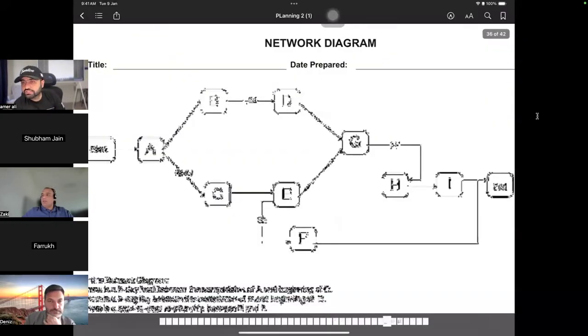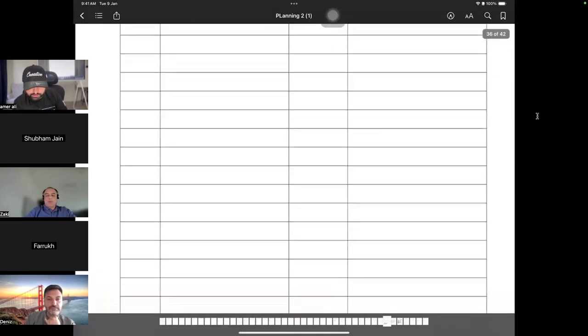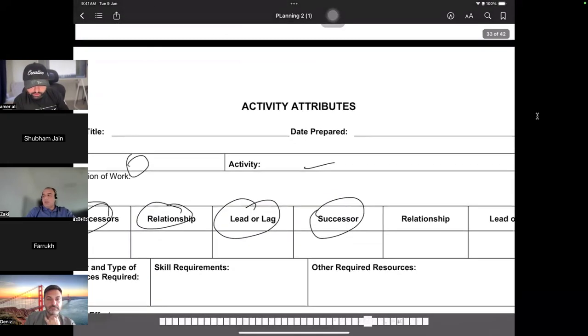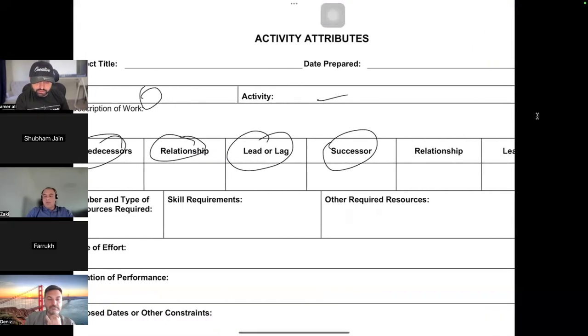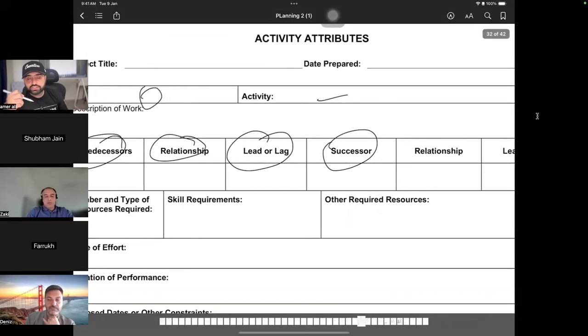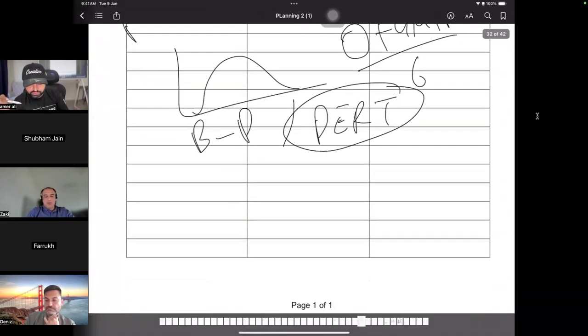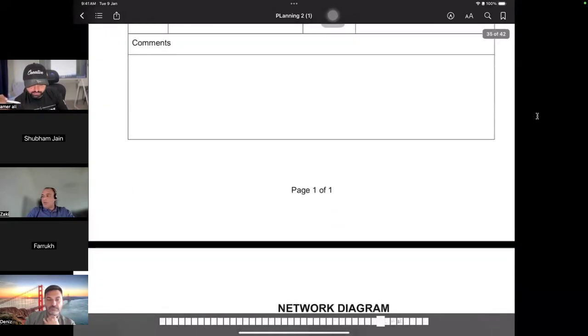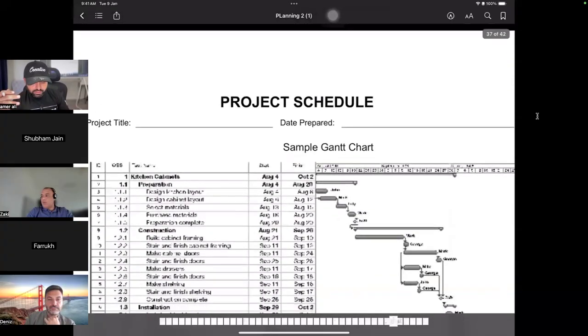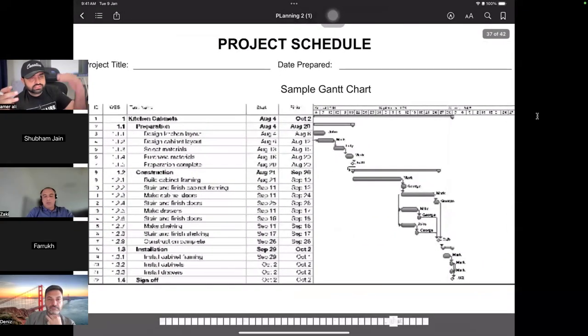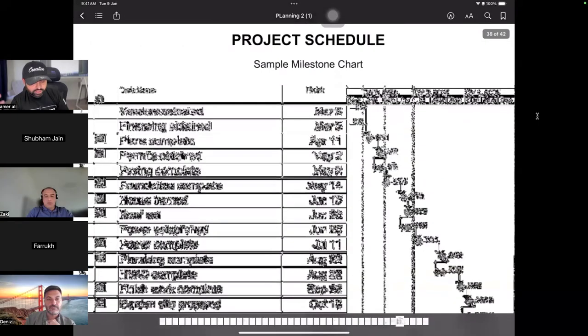Does logic exist in the project schedule? This is the logic. If you look at the activity attributes, the path, predecessor, successor, this is the logic. With that logic, we make this network diagram. Then you get a project schedule, like you make in Microsoft Project, the schedule of the project, a Gantt chart or something like that.